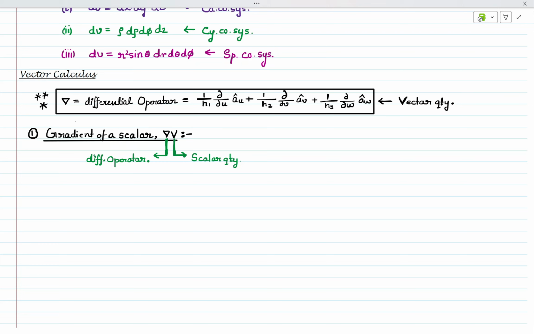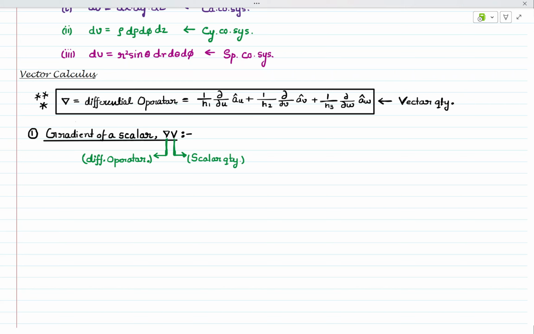So del into V, the product of the scalar quantity with this differential operator, is nothing but the gradient of a scalar.